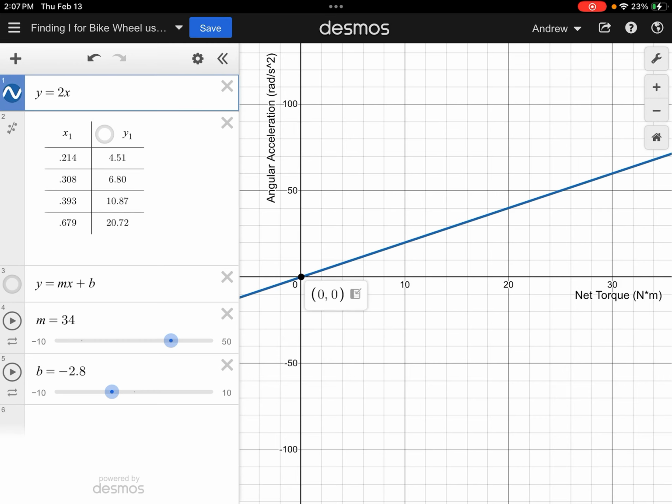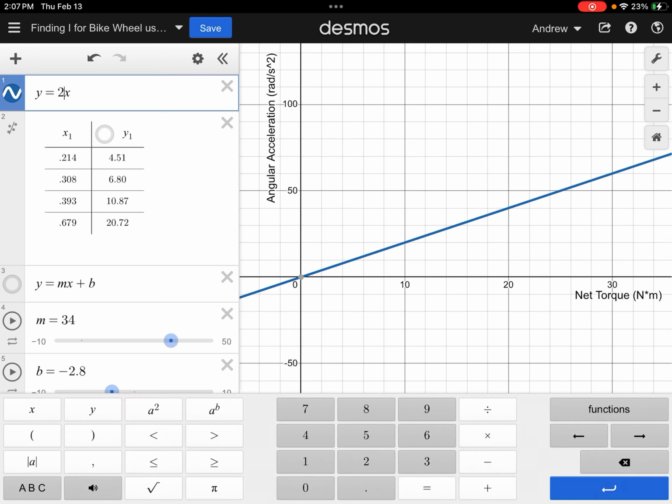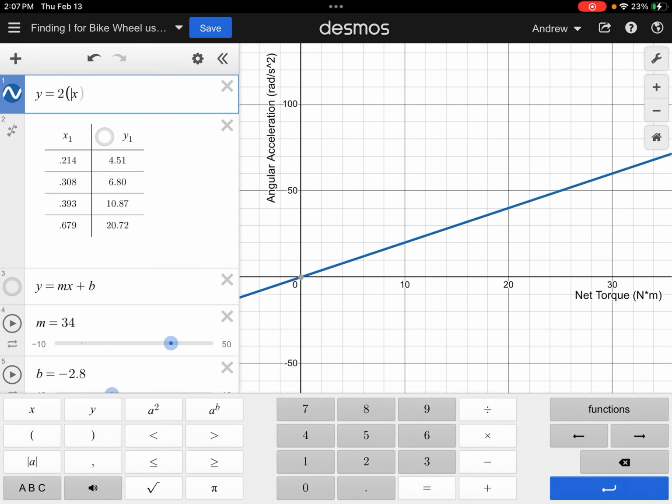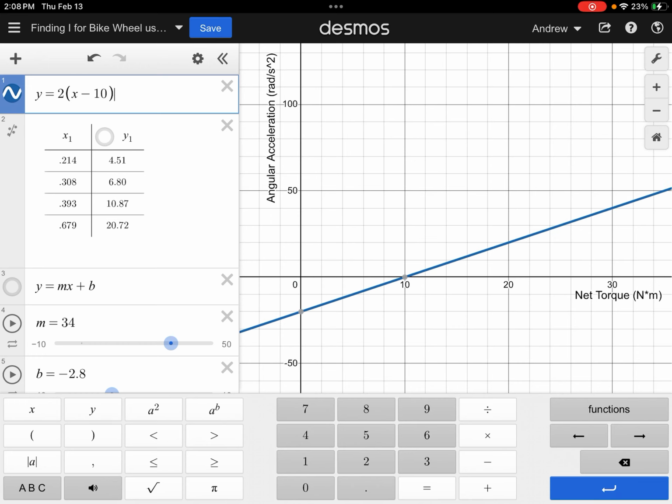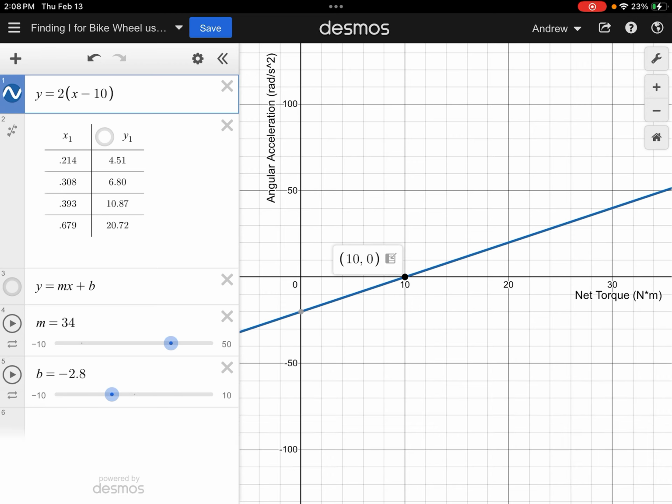But now I'm going to shift it to the right by modifying the equation. I'm going to make it x minus 10. And now you can see the graph crosses the x-axis at 10. So that value 10 is from the minus 10 in the equation. So that's the meaning of that.